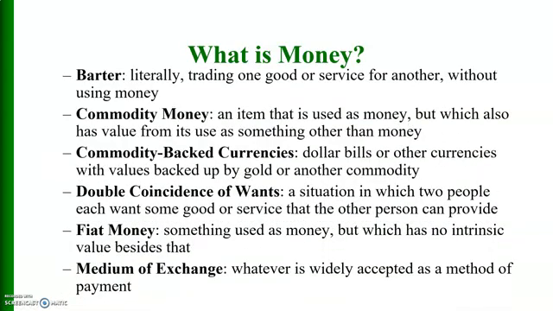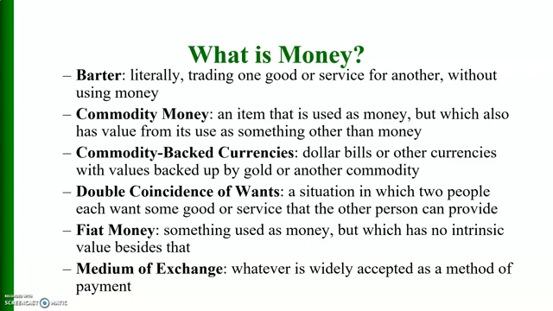So I start with the definition of money. Historically speaking, before money was invented, barter trade was used, in which goods were exchanged for goods. Then there was commodity money, in which an item was used as money but which also had value from its use as something other than money.